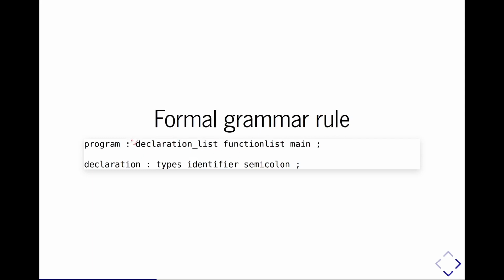And so these symbols capture all of the variety and nested structure of what a declaration list could be. It could be 100 declarations. It could be 1 declaration. It could be no declarations. Main could have any size of its body.